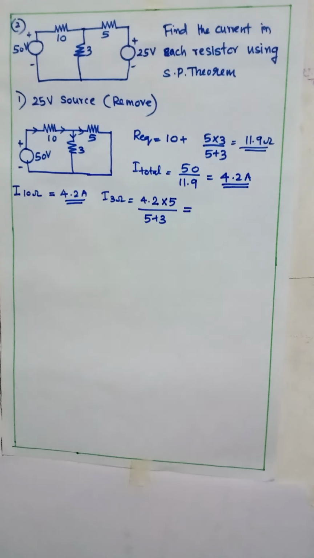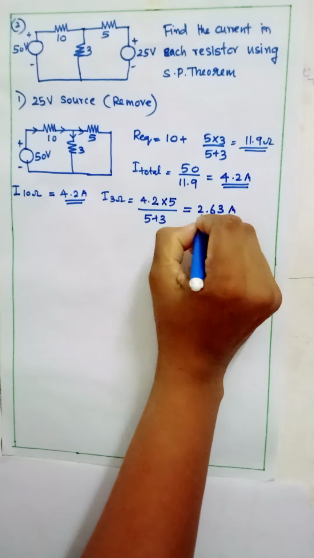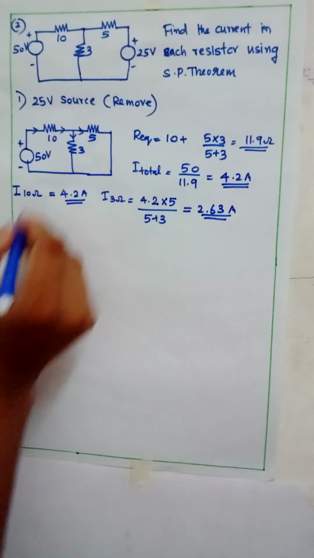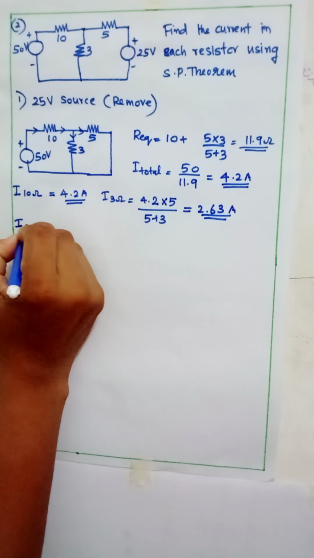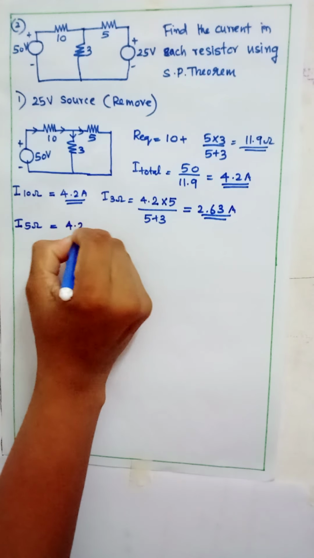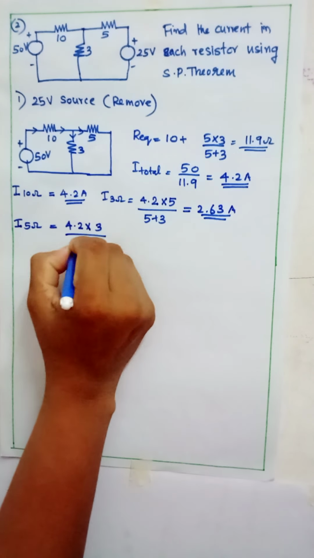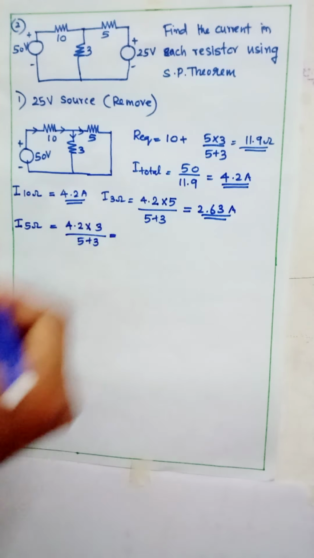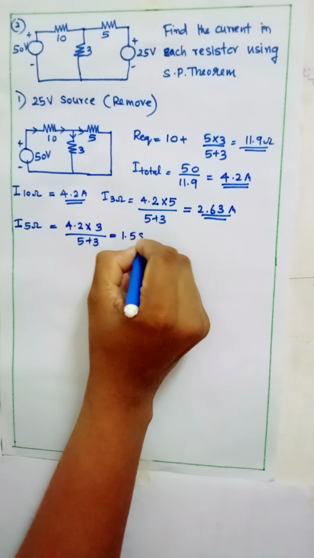That's equal to 2.63 ampere. And current flowing through 5 ohm resistor is equal to total current into resistance of the next branch divided by total resistance. That's equal to 1.58 ampere.